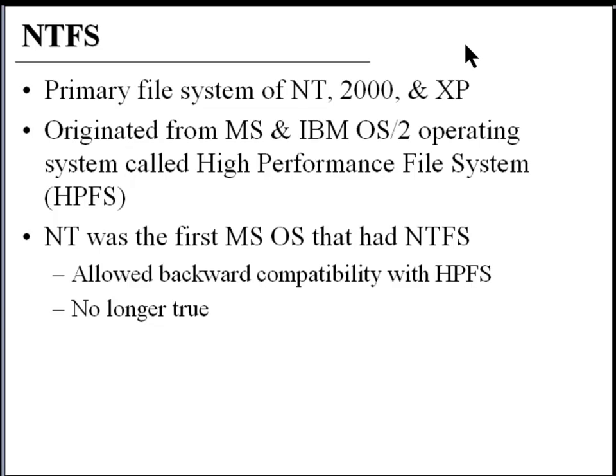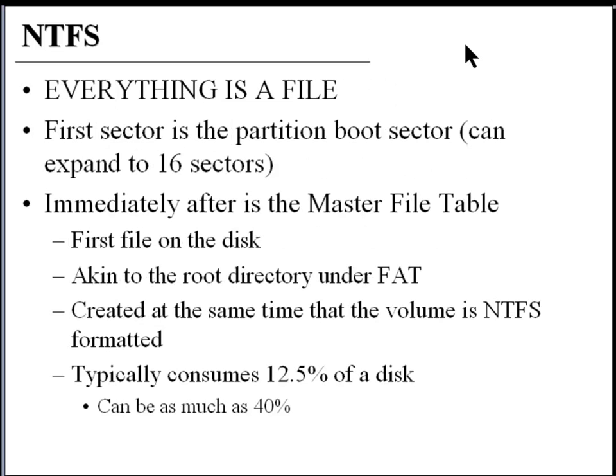NT was the first Microsoft operating system that used NTFS, and there's actually been quite a few versions of NTFS, as we will see, and all those are backwards compatible. The reason this was created was it allowed backward compatibility with the High Performance File System. However, this is no longer the case, and there were business reasons for that, not technical reasons, that Microsoft no longer provides backward compatibility with HPFS.